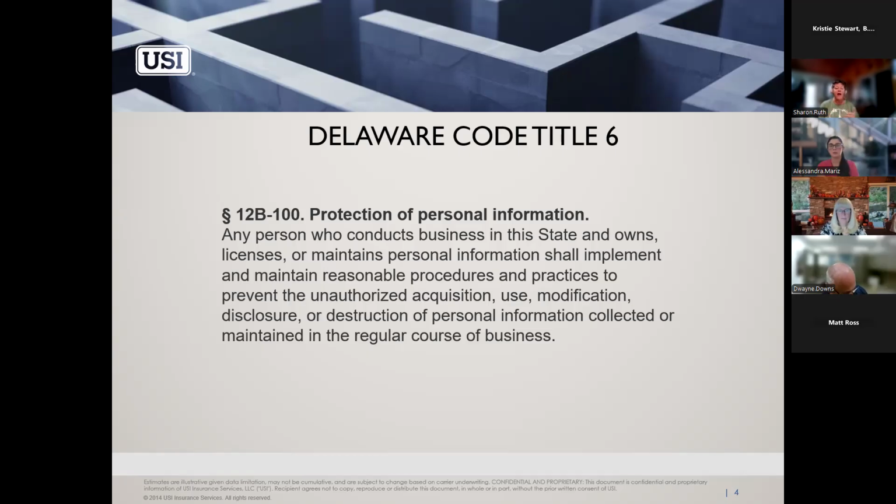So you're going to have several moving parts, and then add into this, if you've got patients in other states that you've got information on and your system is breached, you now have to look at what the other states are mandating that you do.